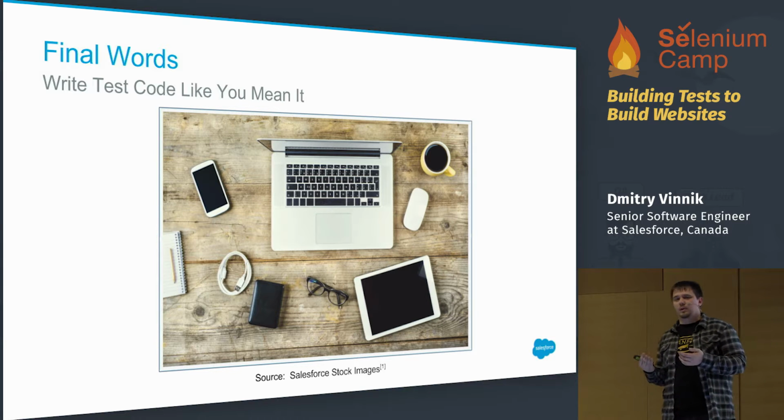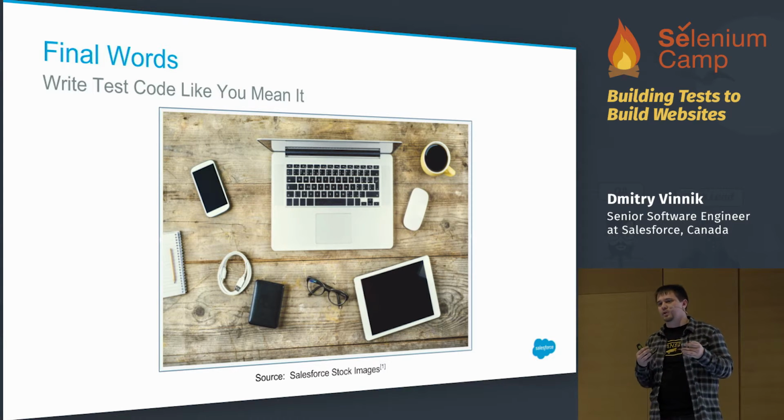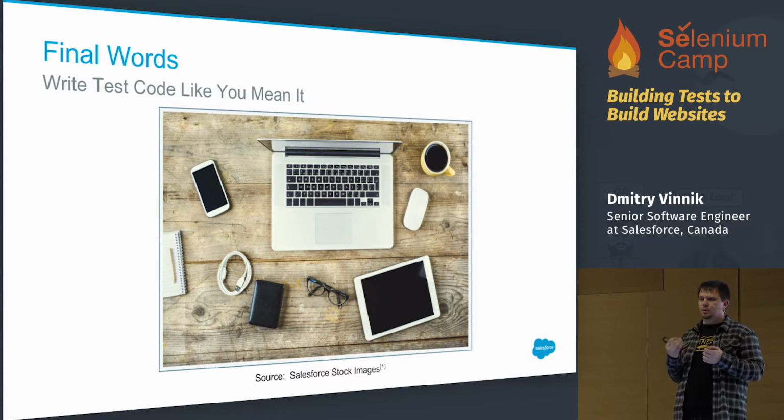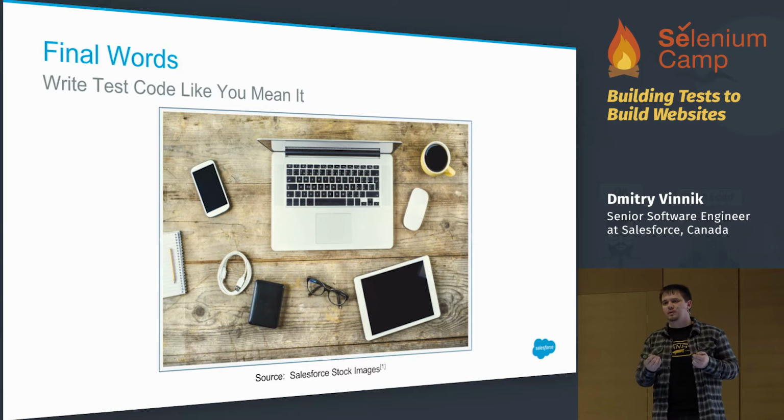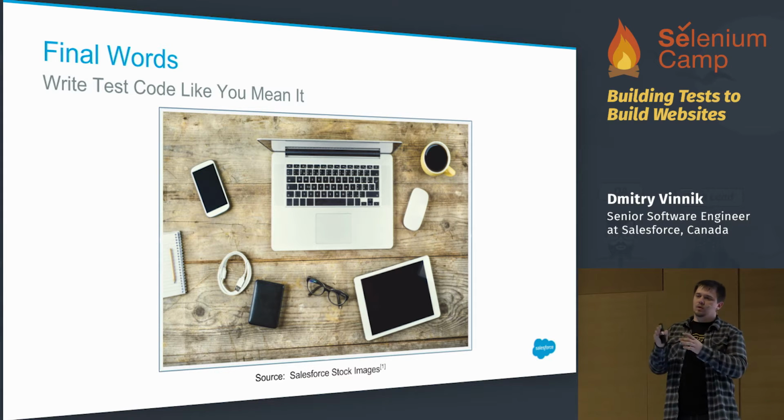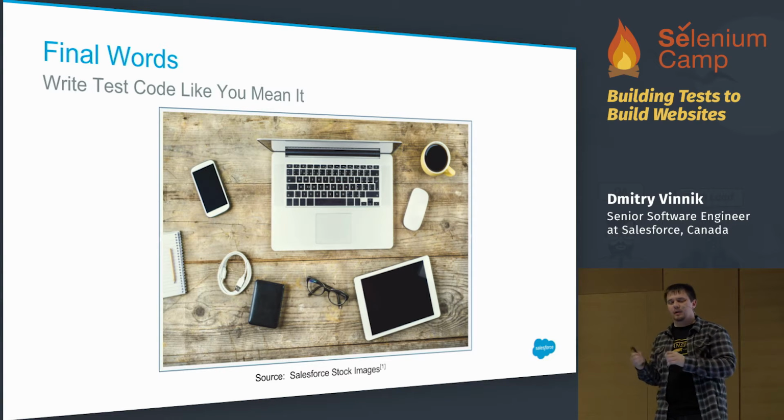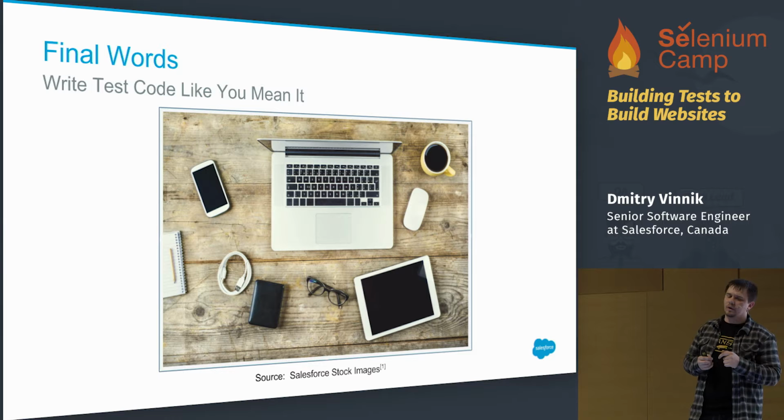So, a couple of final words. Write test code like you mean it. Even if the feature was poorly done, and they don't follow software principles, they don't keep it DRY, don't use keys, anything like that, you as a tester still should be using the best code you can, because you are in charge of your code. You should respect yourself and your work.